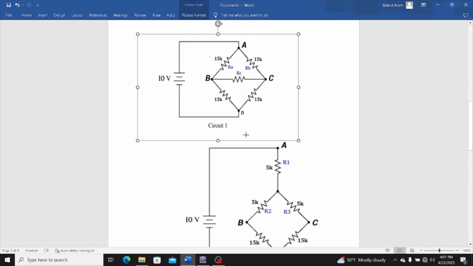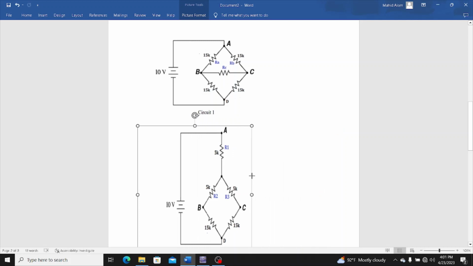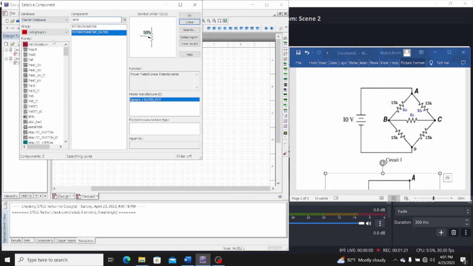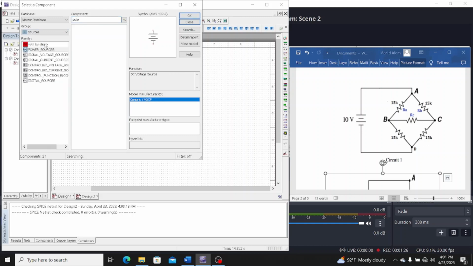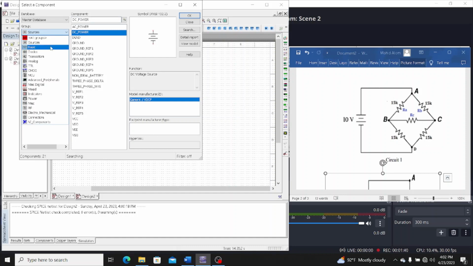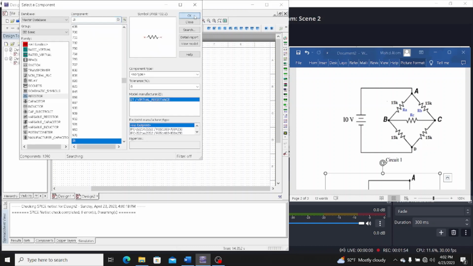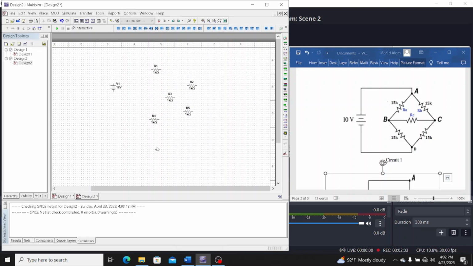It is, and I am going to draw this circuit, and to do that I need to remove this and again place component, sources, one DC source and 5 resistors, and one ground.